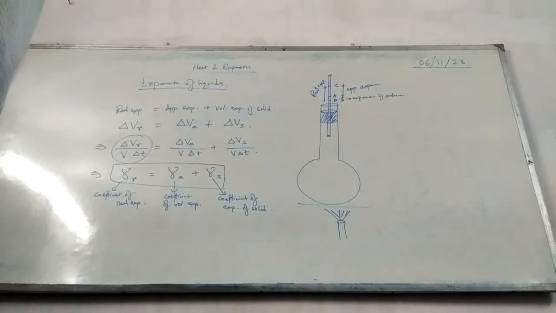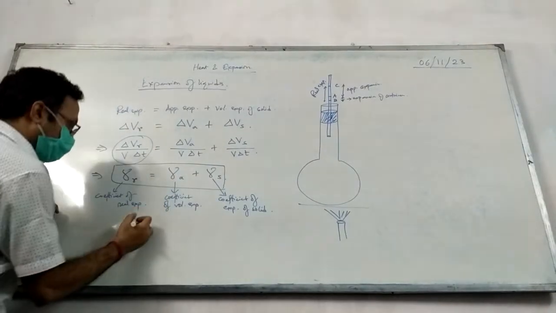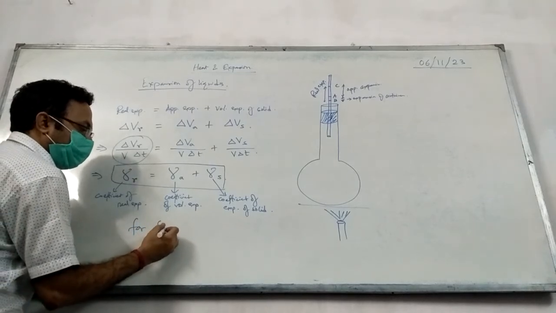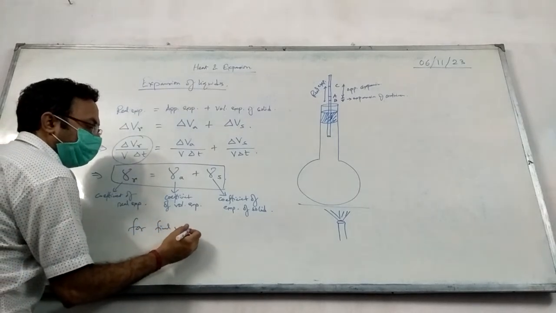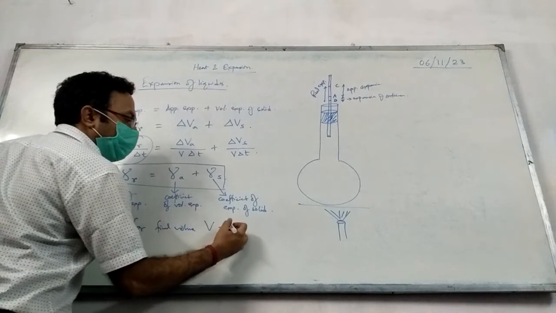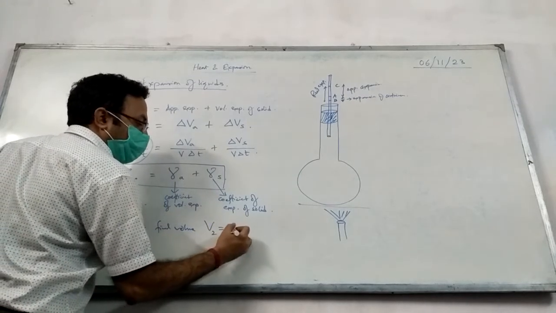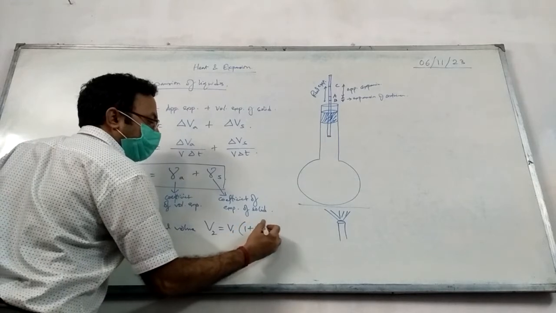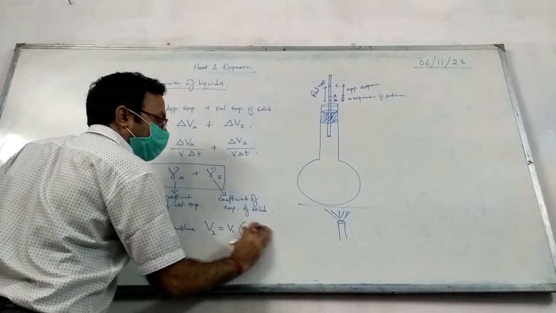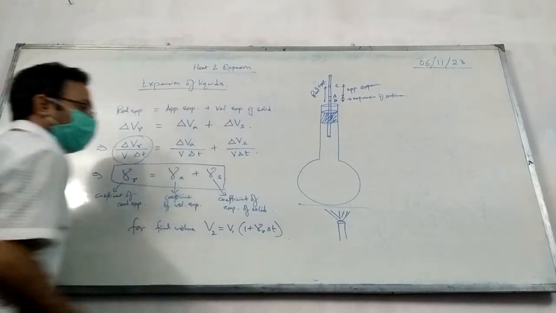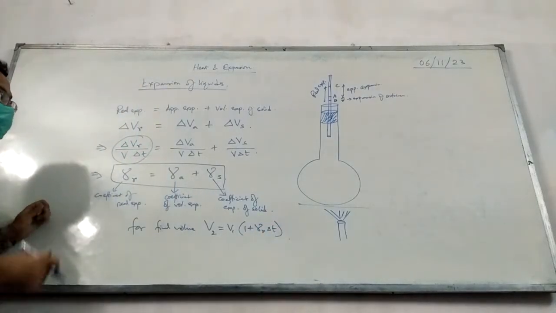So of course for the final volume you can write V2 equal to V1 into 1 plus gamma R delta T, the final volume.